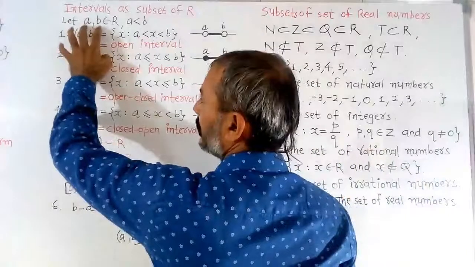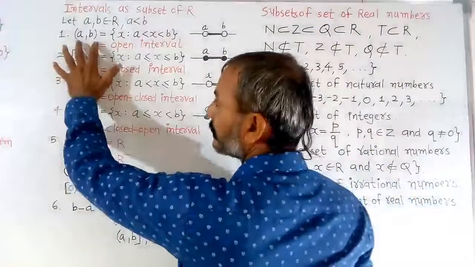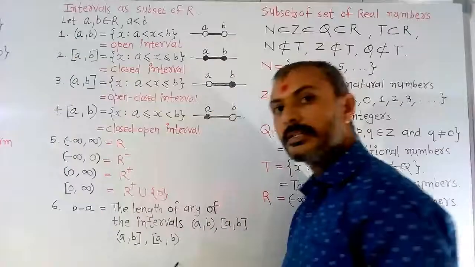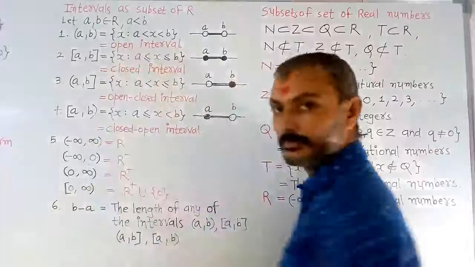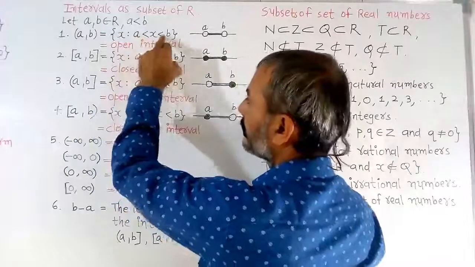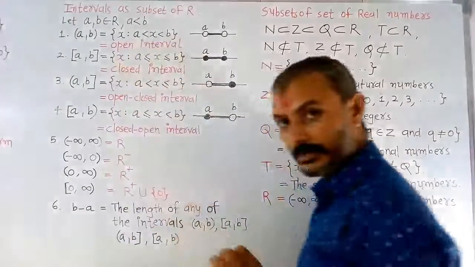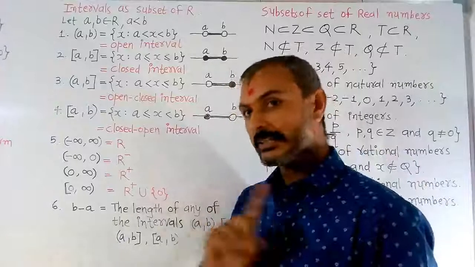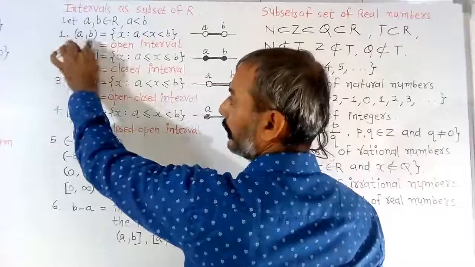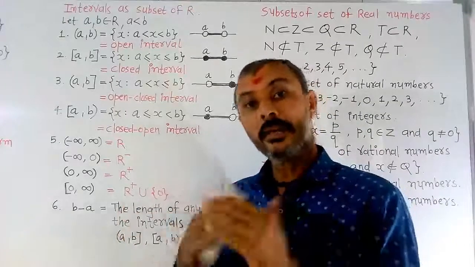So let there be two real numbers with the relation A is less than B. Then this notation, bracket A comma B, is called an open interval, and the set builder form is this: the set of all x where A is less than x less than B. This means x is a number between A and B, but x is not A, x is not B. So this interval does not contain the end points A and B. It contains all the numbers between A and B, but not the end points A and B.